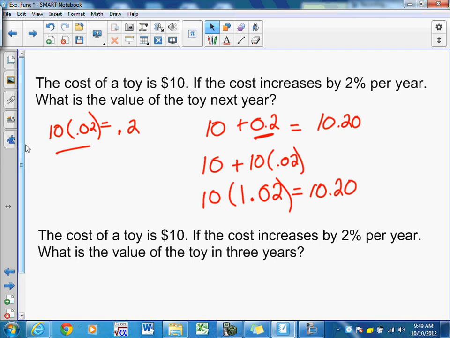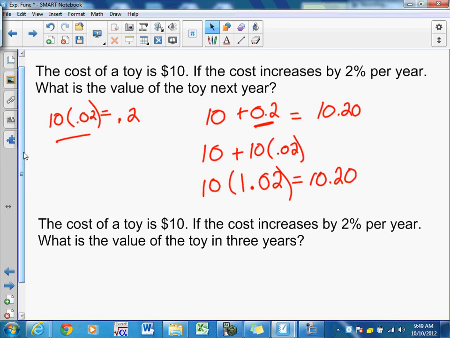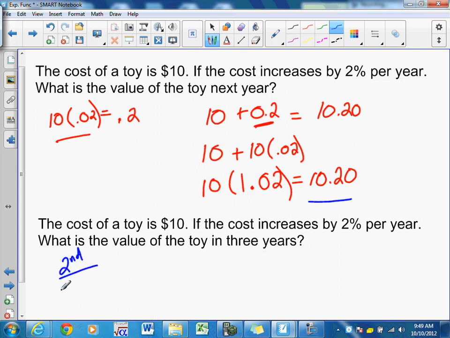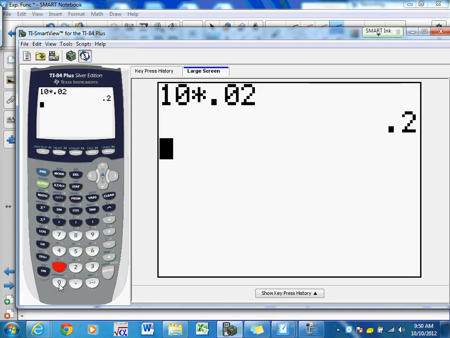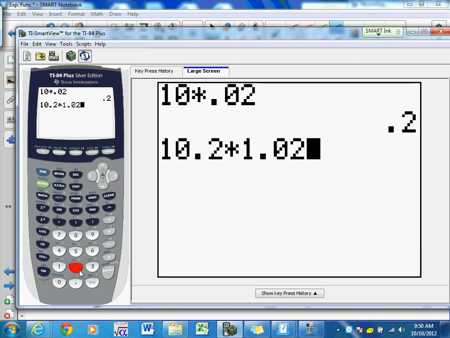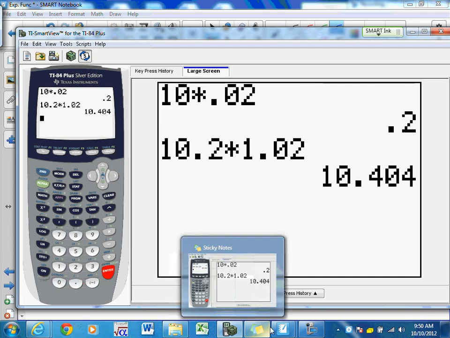Now I want to figure out what's the cost of the toy in 3 years. Well, my first year was 10.20. So if I want to figure out my second year, I can take 10.20 times 1.02. So I get 10.404.